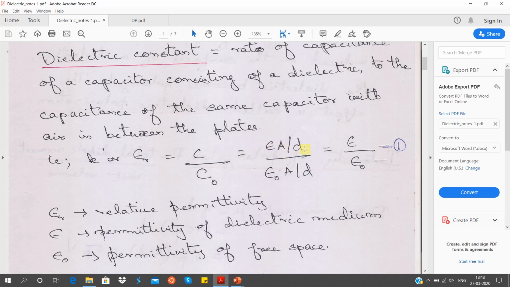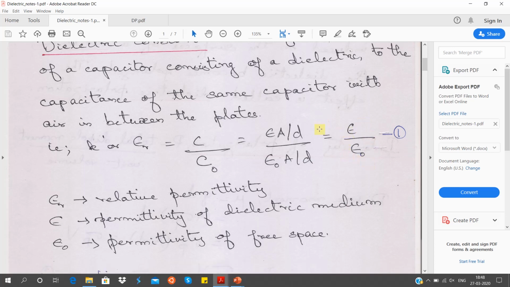epsilon A divided by D, and C naught is epsilon naught A divided by D. Resultant is epsilon divided by epsilon naught. So what are they? Epsilon naught is the permittivity of free space. Epsilon is the permittivity of the dielectric.